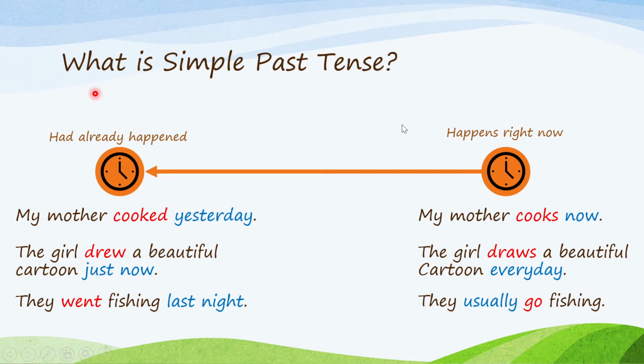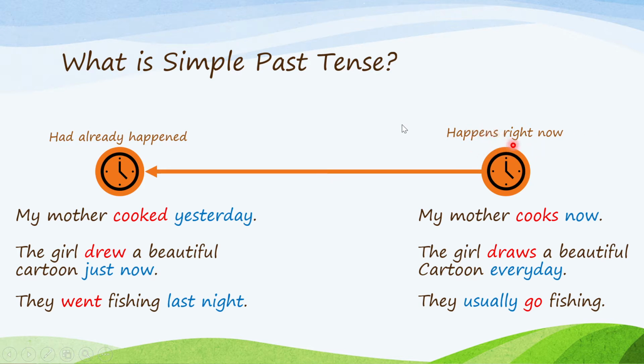Alright, first of all, we will revise back what we have learned in last week. What is simple past tense? Apakah itu simple past tense? Okay, simple past tense is the sentence or the action that had already happened, yang telah berlaku.